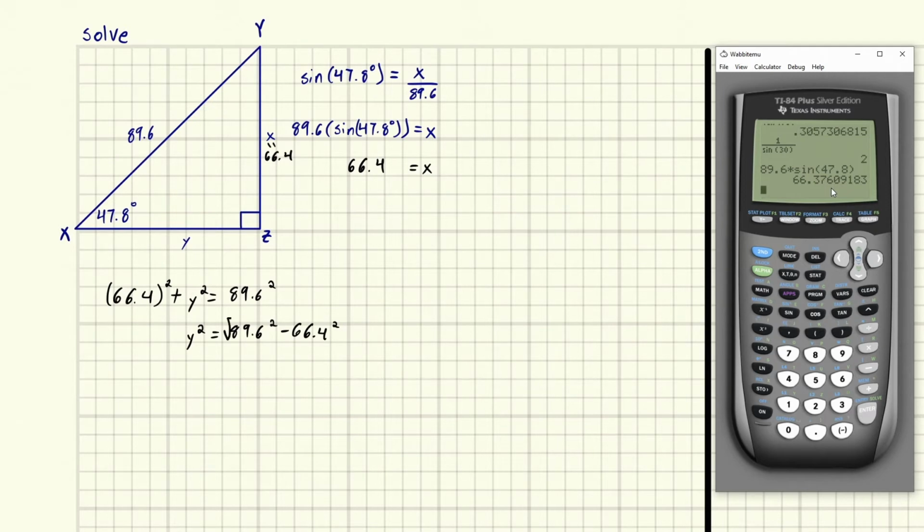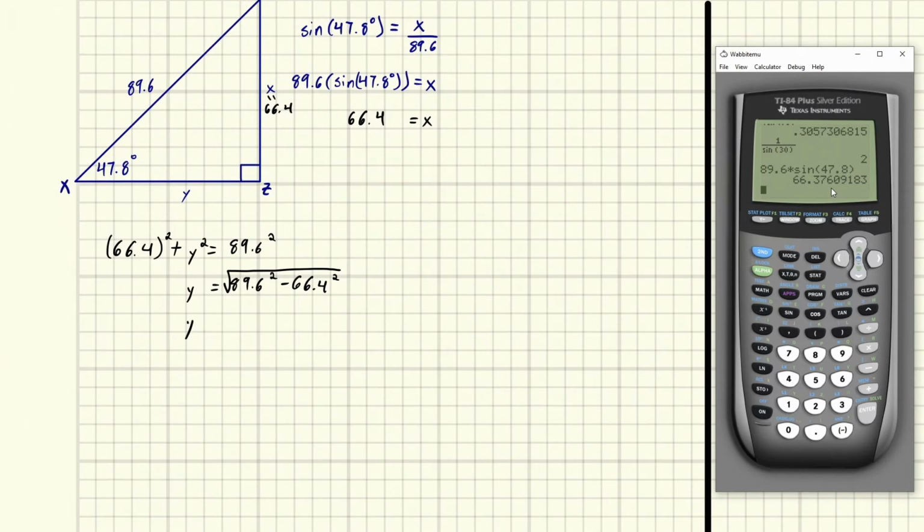If we take a square root, we will get y. Now we're going to take y to be positive, but there are technically a plus and a minus. We're just taking y to be positive for the case that we're assuming that all magnitudes are positive.